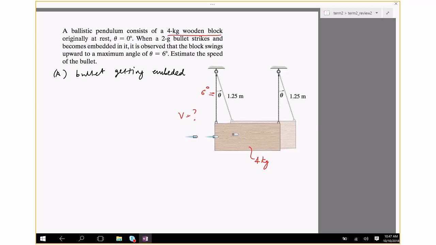So if we can find the combined velocity of the block and the bullet, we should be able to use that to solve part 2. And part B is the bullet plus block swinging by 6 degrees.